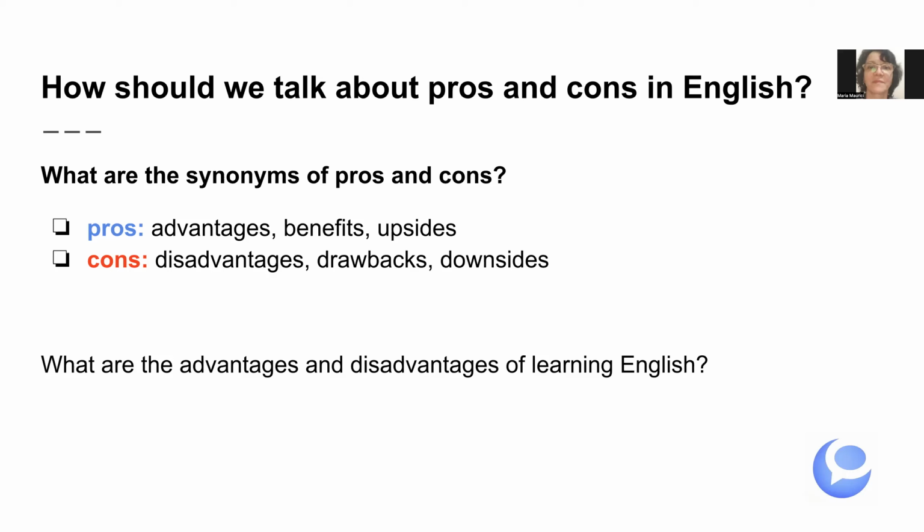I have included this because when you do the writing for the C1 Advanced, many of the questions ask you the advantages and the disadvantages. When you do the speaking, this is a common question for part 3 or part 4. What are the advantages and disadvantages of something? Maria, what do you think they want from a question like this? What do they want you to do?